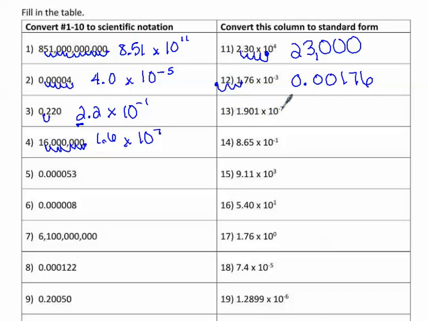Number 13 also has a negative exponent, so I'm going to move my decimal 7 places to the left. Number 14 also has a negative exponent, so I'm going to move my decimal 1 place to the left.